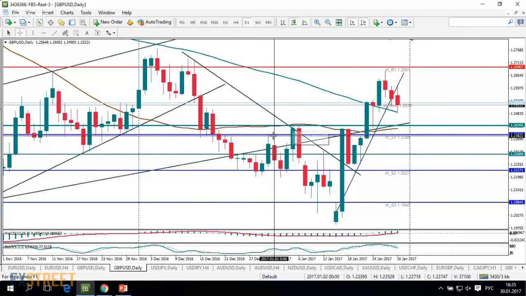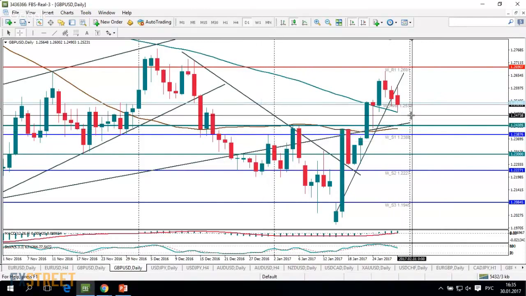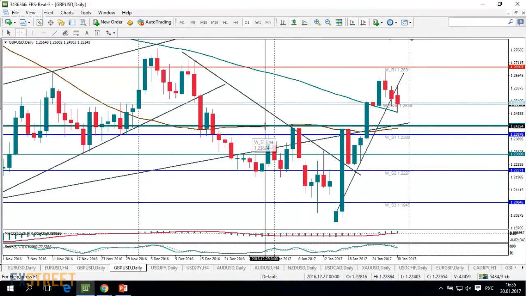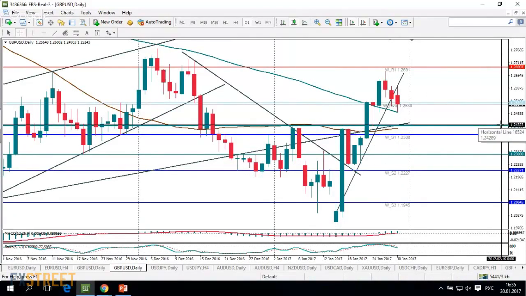But still, the reminiscence of the neckline in the area of 1.2430, 1.2415 is what should make the British pound supported and show us the next big swing of the British currency.